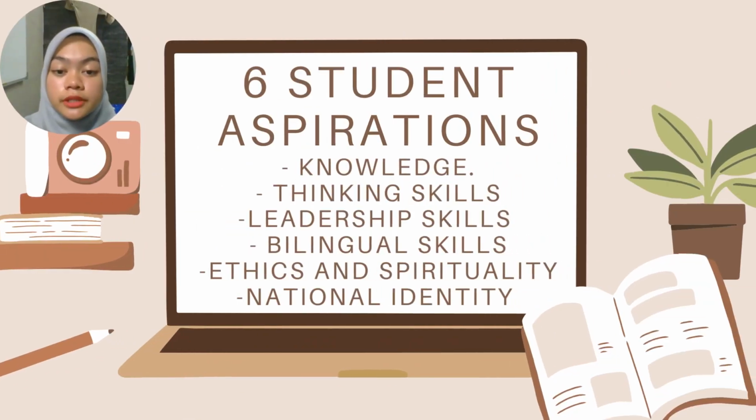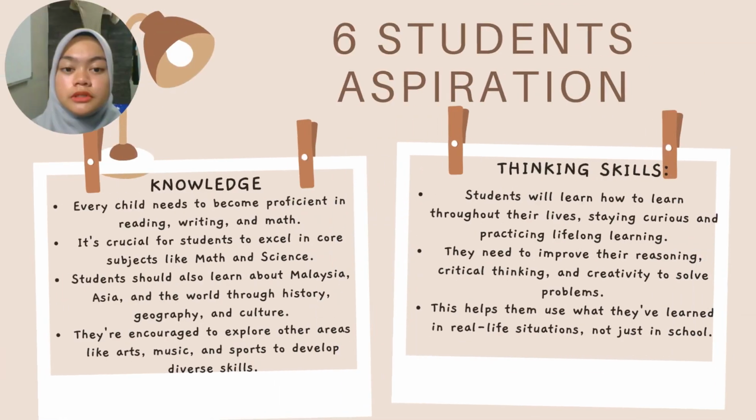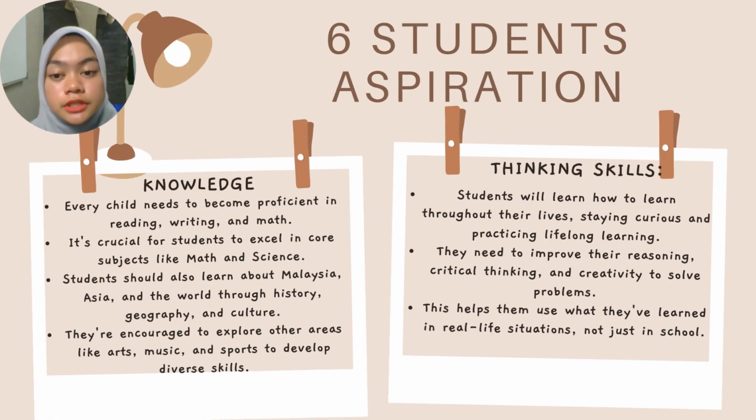The first one is about knowledge. Second one is thinking skills, then leadership skills, bilingual skills, ethics and spirituality, and also national identity. The first student aspiration is knowledge. Every child needs to become proficient in reading, writing, and math.